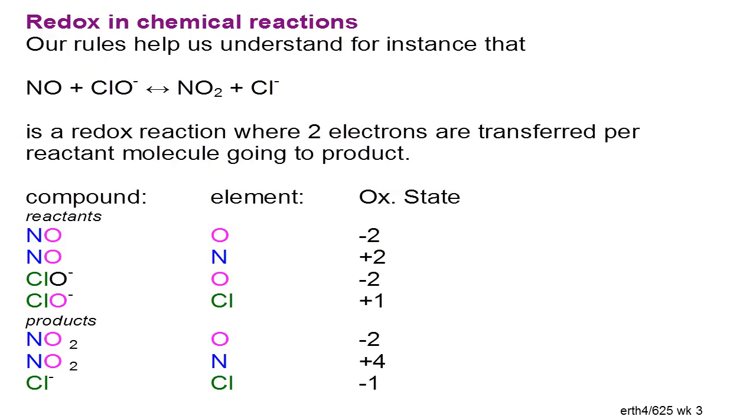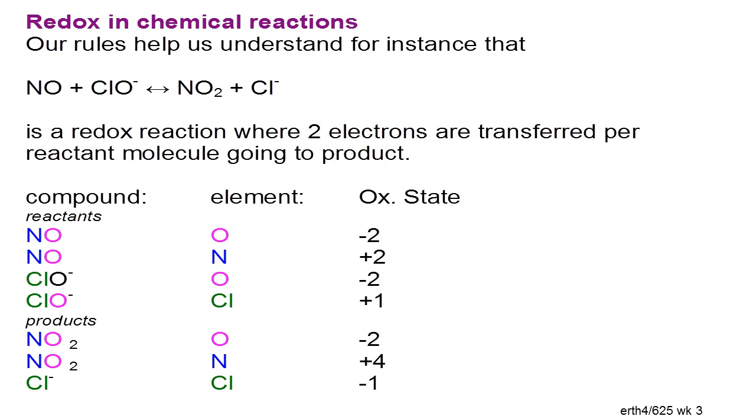So we can use redox and the bookkeeping methods that we just used to understand this reaction of NO plus the compound ion ClO minus in chemical equilibrium with NO2 and chloride ions Cl minus.